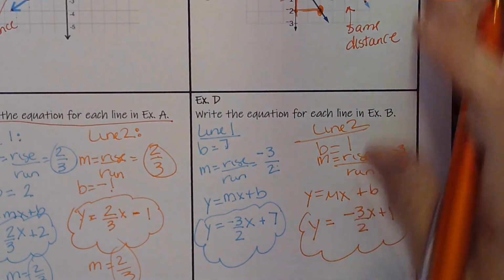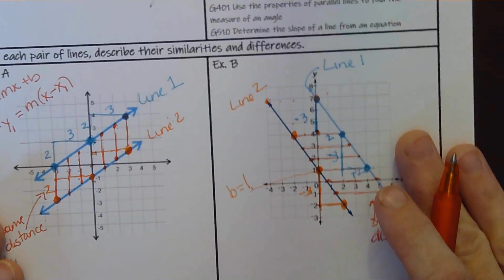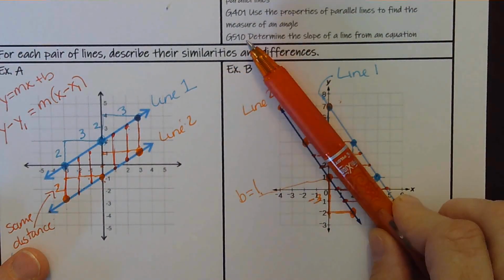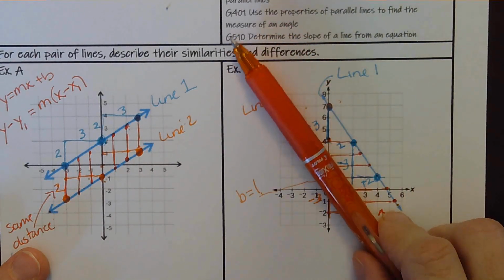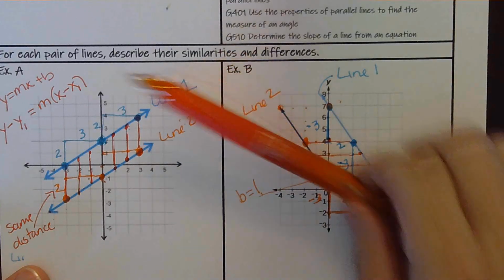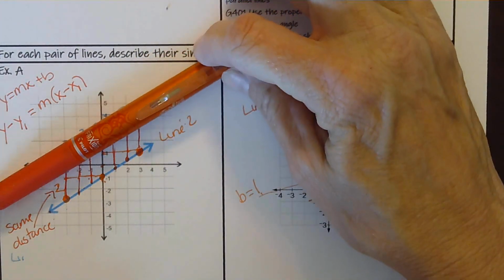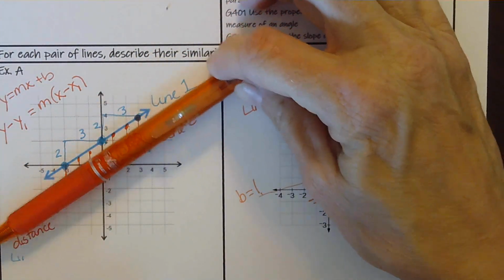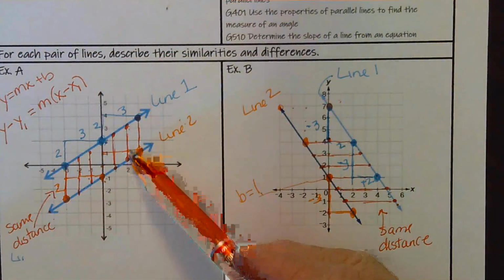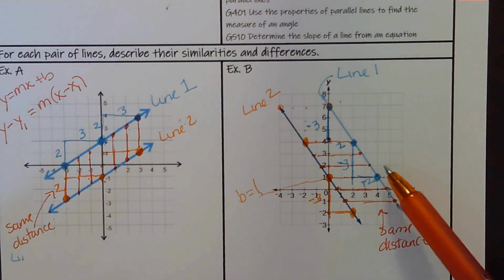Now, graphically, when we look at the graph of these lines, we can see pretty much that these lines are parallel. Parallel lines never intersect. So this pair of lines are parallel, and this pair of lines are parallel.